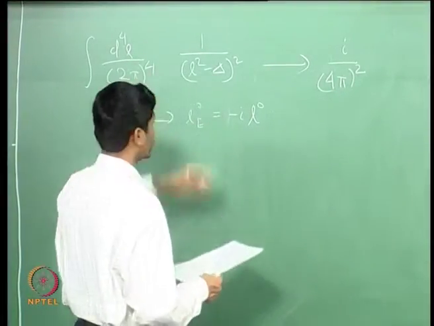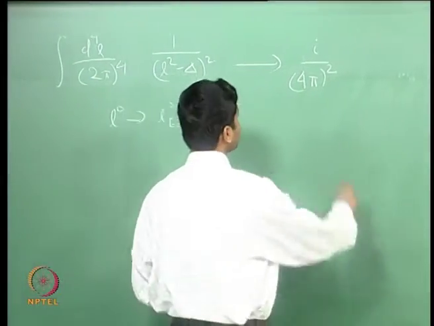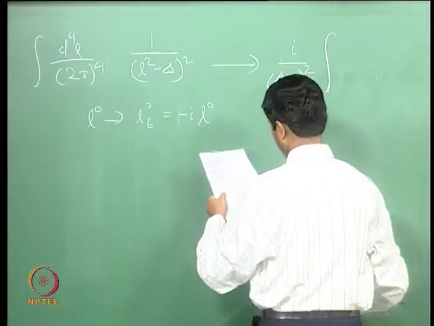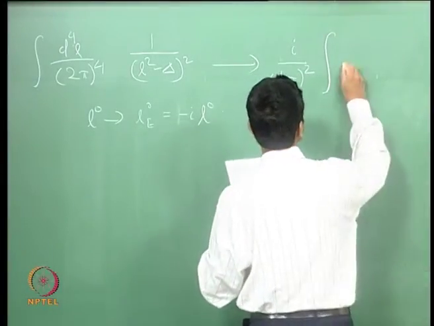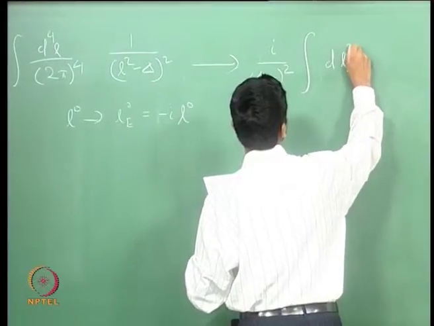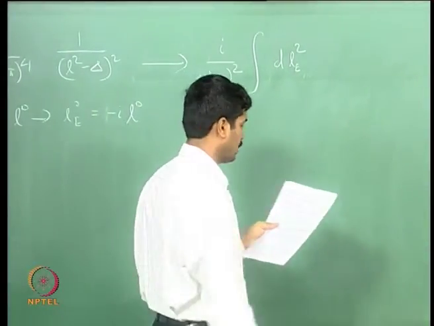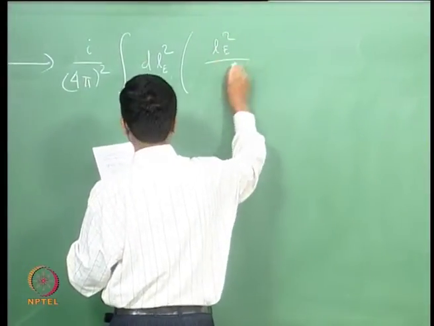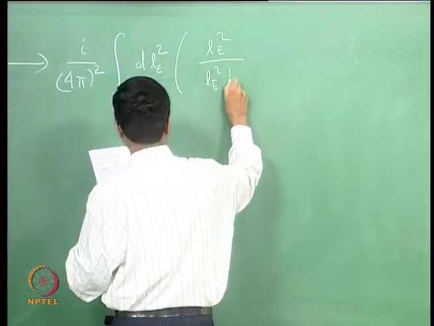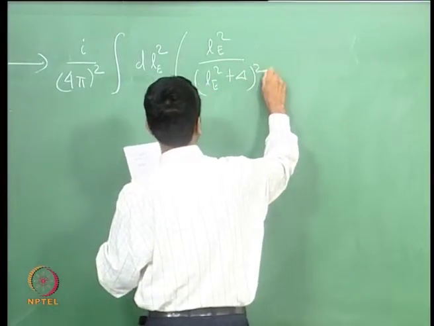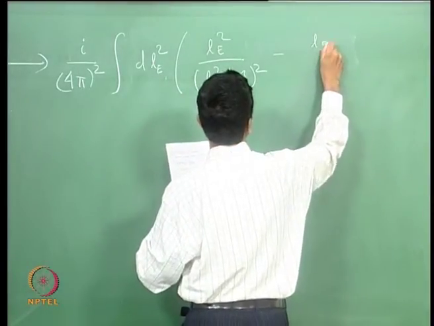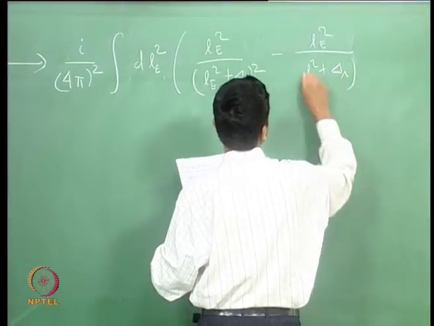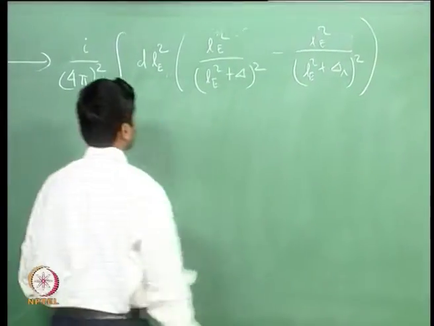This i is because of the Euclidean continuation, and finally, what I will be left with is an integration over d L e square, L e square is my integration variable, divided by L e square, L e square divided by (L e square plus delta) whole square minus L e square divided by (L e square plus delta lambda) whole square. This is what I have at the end of the day.